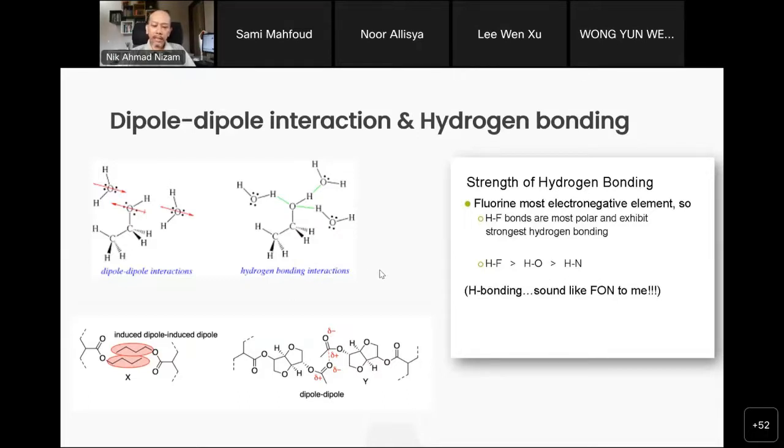One of the acids is hydrofluoric acid. Okay, you know about hydrochloric acid. You know about hydrobromic acid. Okay, there is also one acid which is HF, hydrofluoric acid. Hydrofluoric acid is very reactive. It can cause cancer.